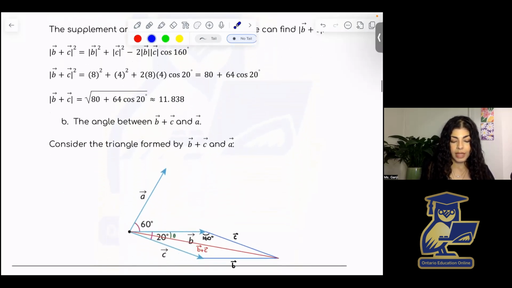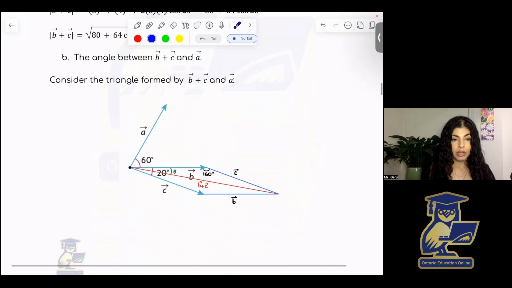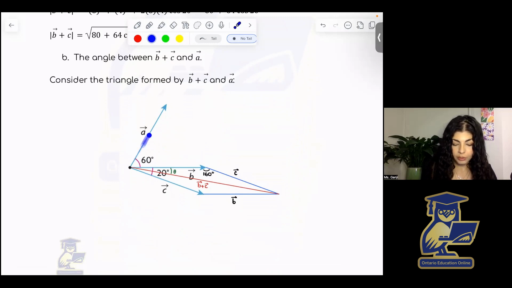Now we're asked to find the angle between B plus C and A. So consider the triangle that we form here. This was A, this is B, and that's that 60-degree angle, and this is vector C with that 20-degree angle.